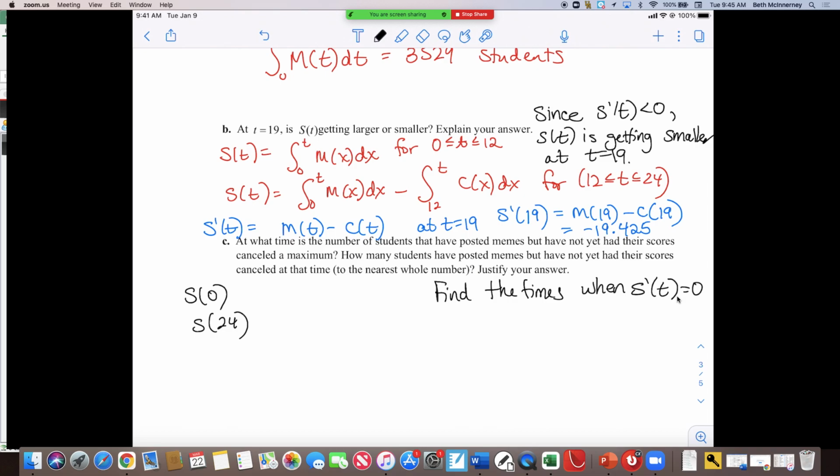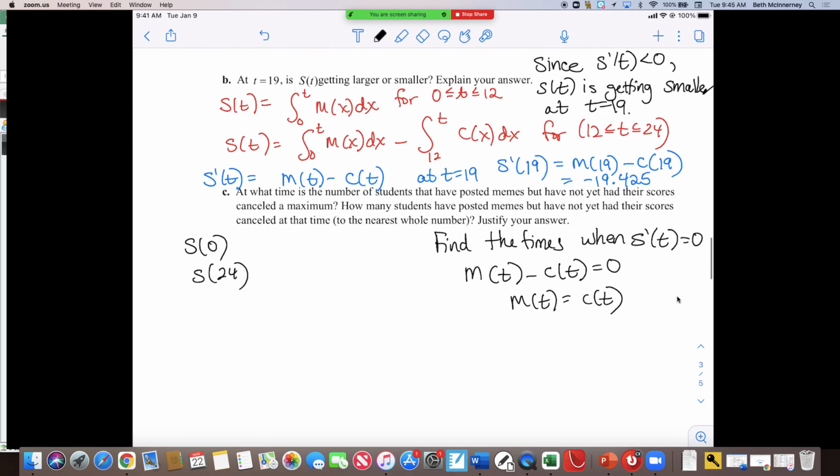And since that's m of t minus c of t, you want to set m of t equals c of t. Now, because we're running low on time, I already did this and I found two values.